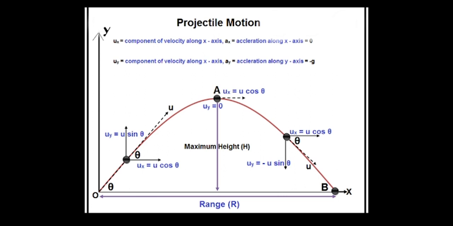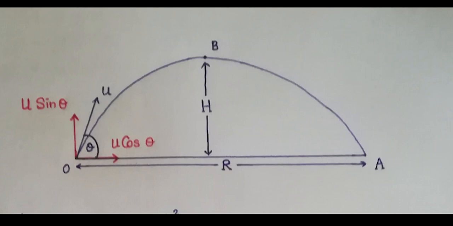Now I am going to show you how equations of linear motion are applied to a projectile to obtain important variables with reference to the diagram. In this diagram, the starting point of the projectile is O, the maximum height is B, and the projectile touches the ground at A. The initial velocity is making an angle theta to the horizontal and its magnitude is u.